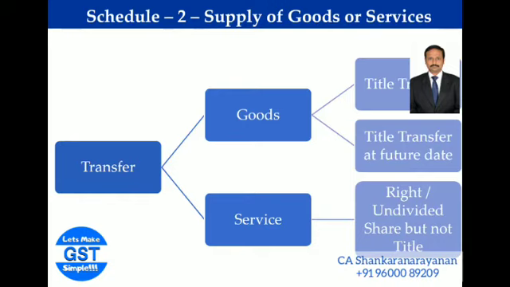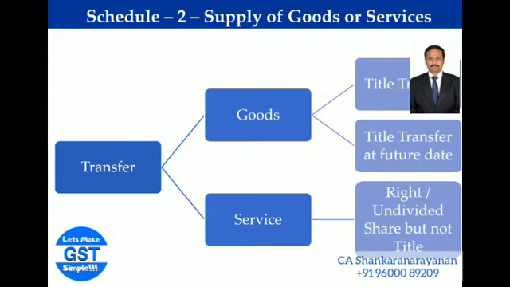Now suppose title is not transferred now. Title is transferred at a future date. The transaction that they are trying to mean is hire purchase. Why? Because in case of installment, title will be transferred on day one. Payment will only be made in installments.